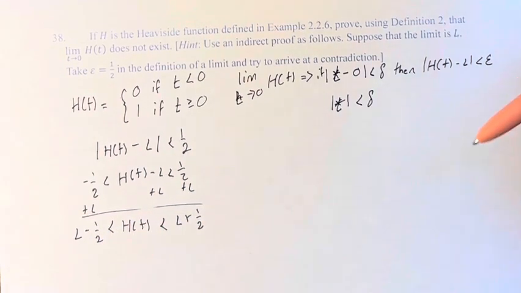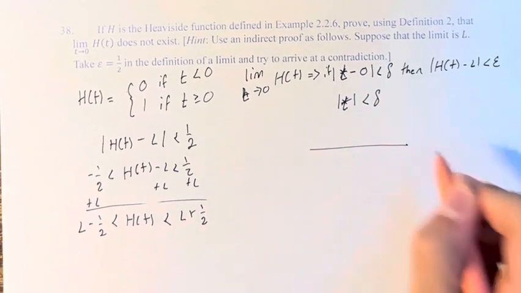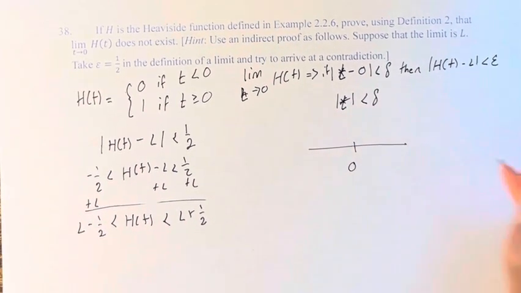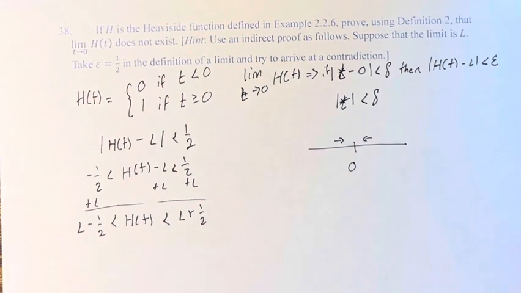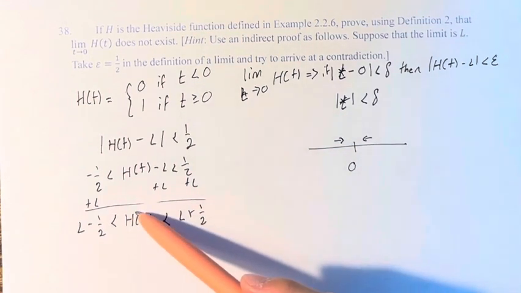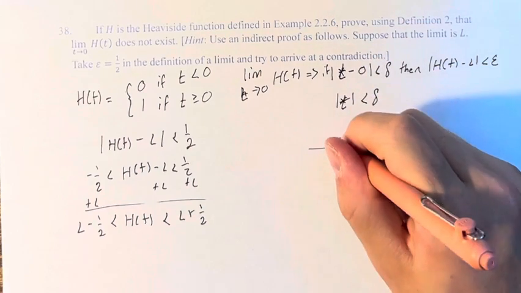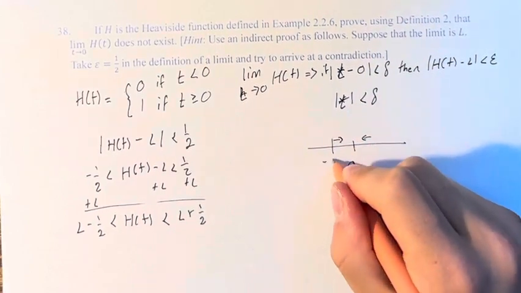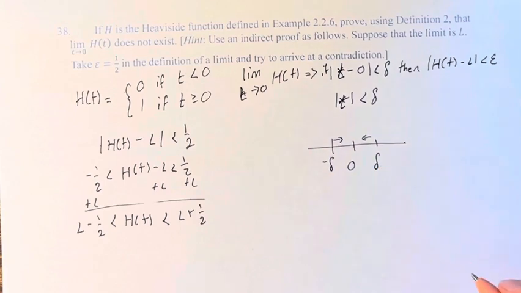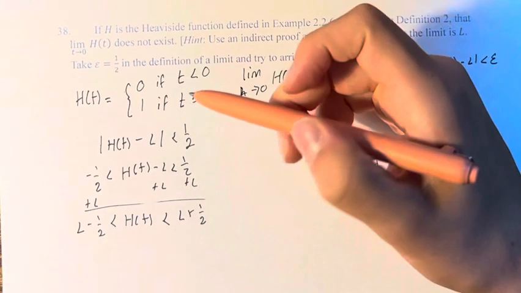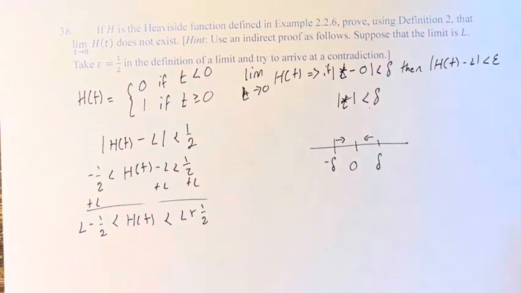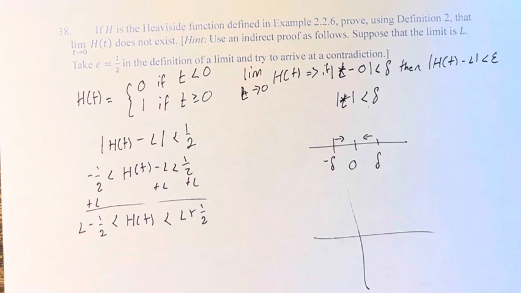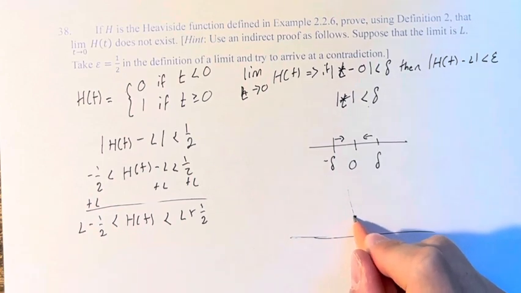So looking just at the number line, we have t equal to 0 here. There is some distance as we approach 0 for which the value of h of t is in this range for all values between negative delta and delta. Is this true? Well, we know that no matter how close we get, graphing it here, the function looks like this.